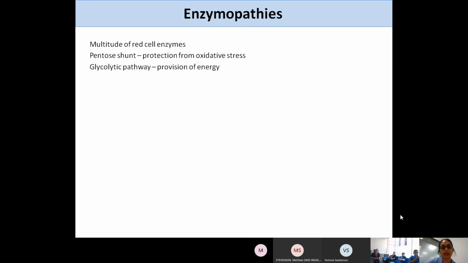So there are a multitude of red cell enzymes that help ensure that the red cell functions normally. The majority that can be disordered and cause problems with hemolytic anemia are those involved in the pentose shunt, which protect the red cell from oxidative stress, and those involved in the glycolytic pathway, which provide the red cell with energy.